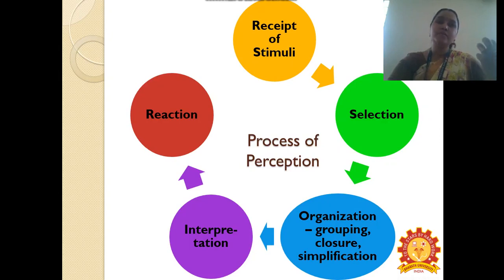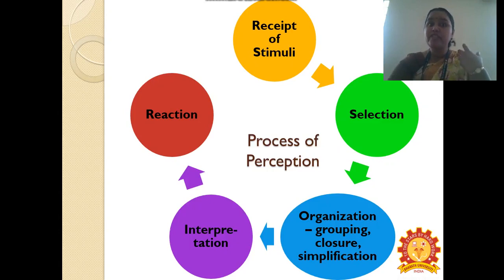In case of inadequate information available in the environment, decisions can be taken based on past events. The past events help the individual to come to a particular junction where decisions can be taken. So that is closure.